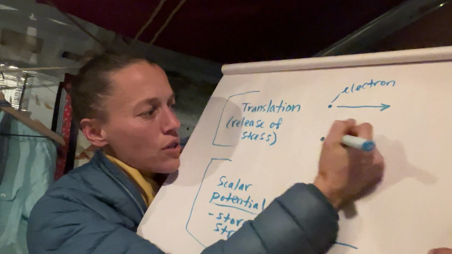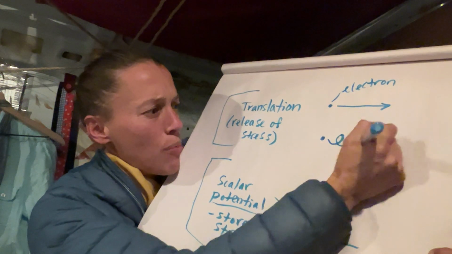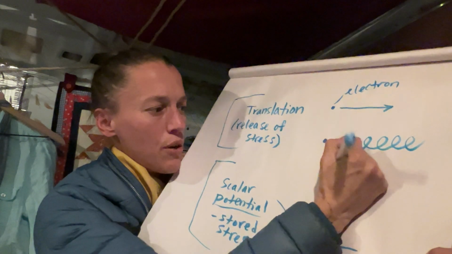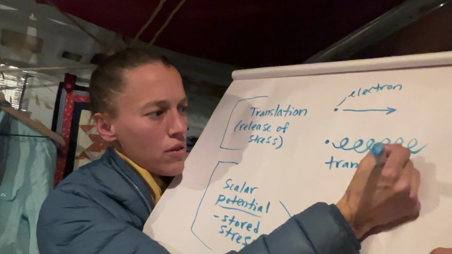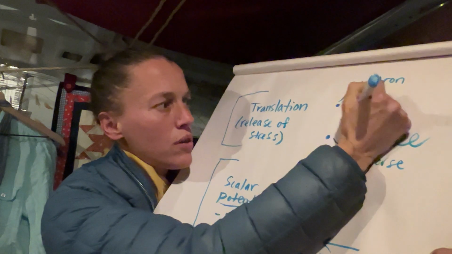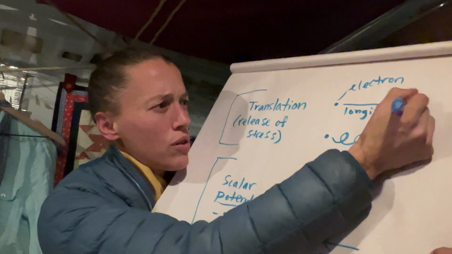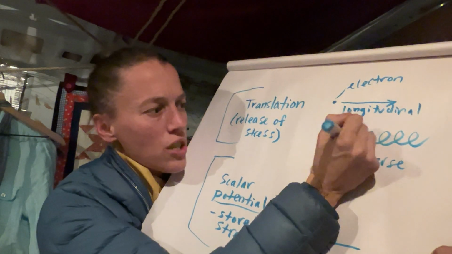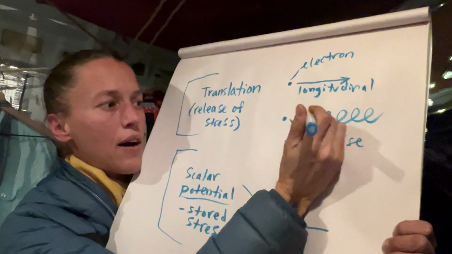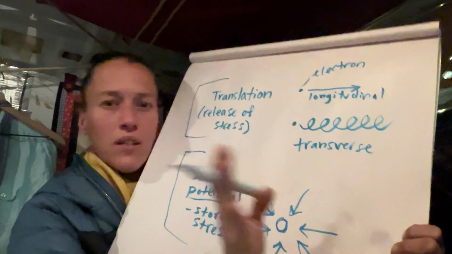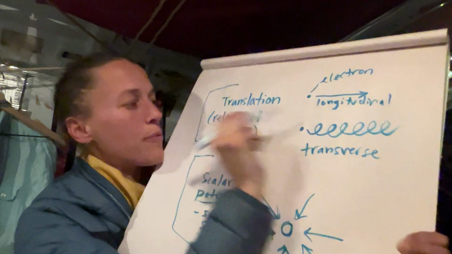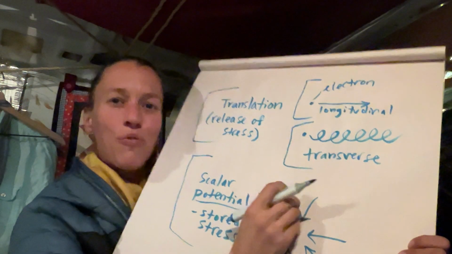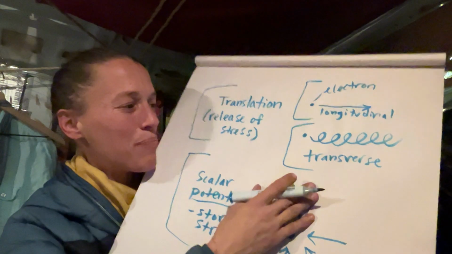The electron can also move in sort of a curly Q path, which is what I've come to know as a transverse wave. The electron travels along this path, and the energy is dissipated perpendicular to the direction of the wave. So these are the two kinds of translation, which we've looked at before in terms of longitudinal waves and transverse waves.